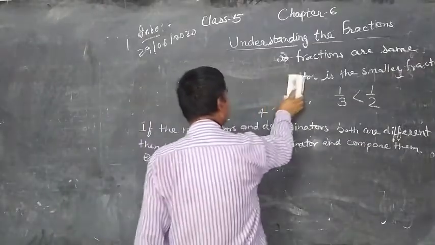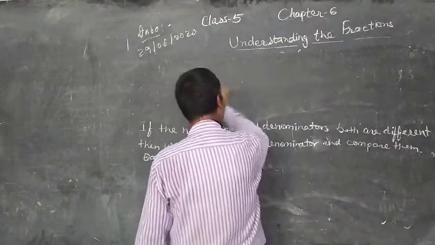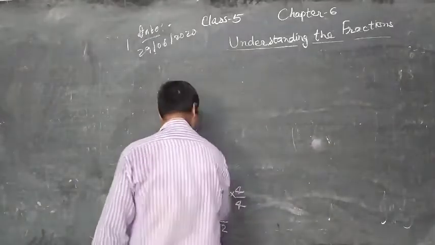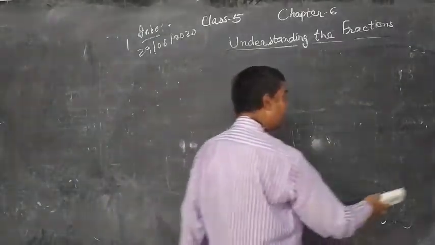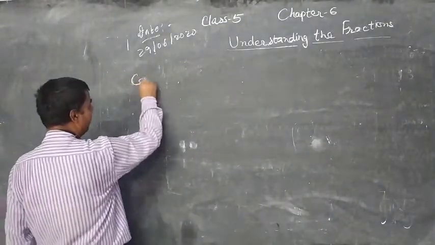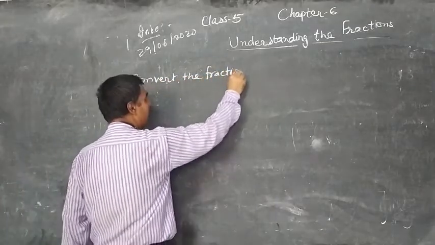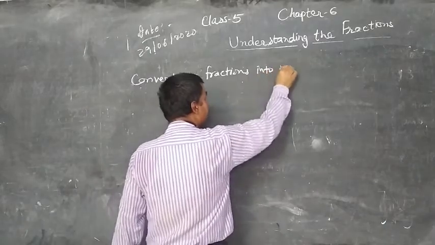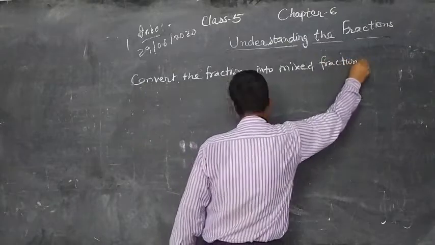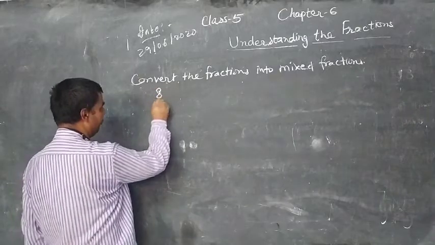Now we will learn to convert fractions into mixed fractions. Let our fraction be 8/5.